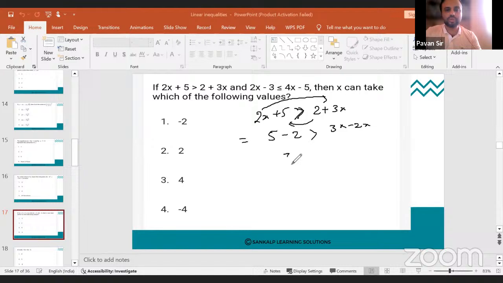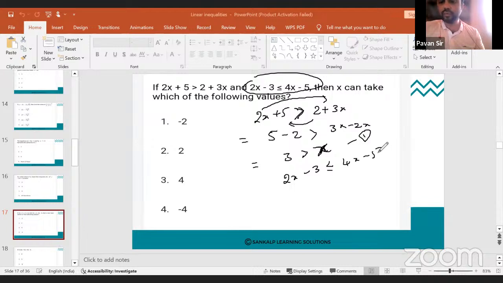So what does it give? 3 is greater than 3x minus 2x, which is nothing but x. Correct? This is what I will treat as equation 1. Then the next one is similarly 2x minus 3 is less than or equal to 4x minus 5.